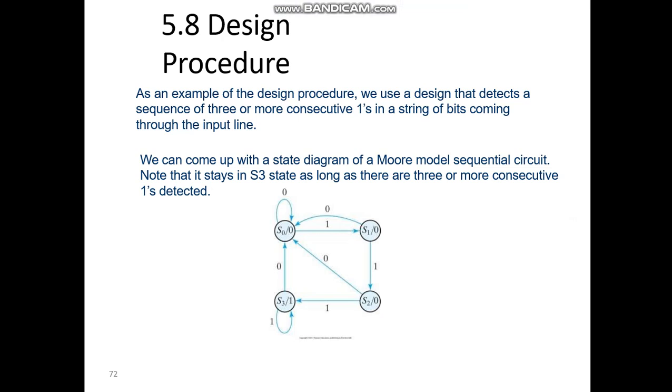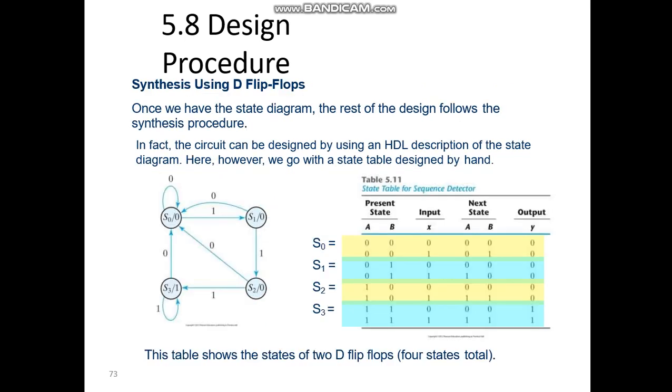As an example design procedure, we can design a circuit to detect a sequence of ones. Here we are giving the circuit, and using this circuit we can define the states. Here we have S0. If the input is 0, the state will not change.